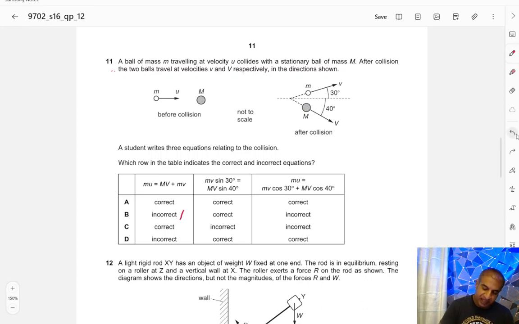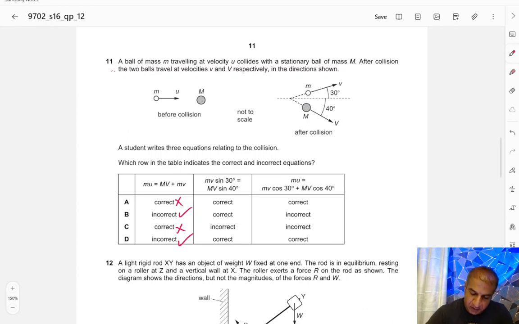Oh my God. We have to select the incorrect ones. These are incorrect. This cannot be true. This cannot be true. Anyways, let's just move on to the second and let's see. mv sine 30 and MV sine 40. As I discussed in my physics classes, I told you guys the momentum should be conserved in all directions.